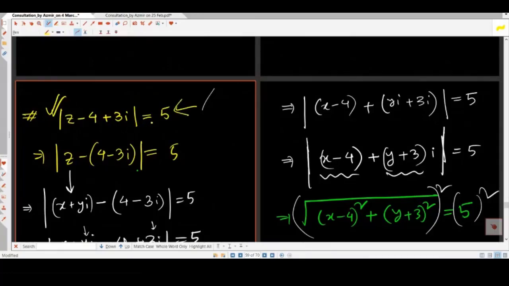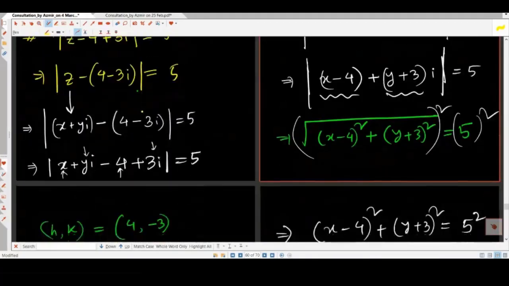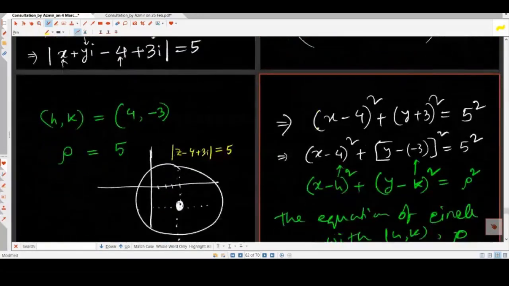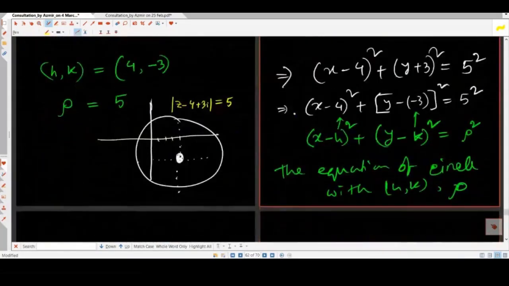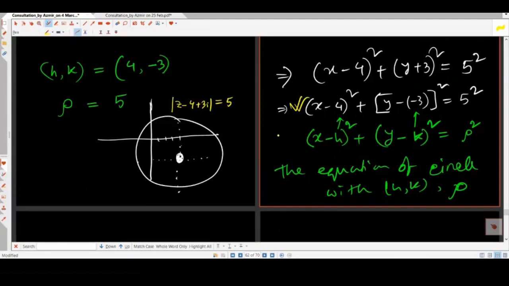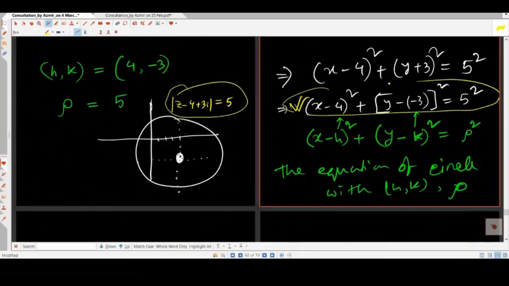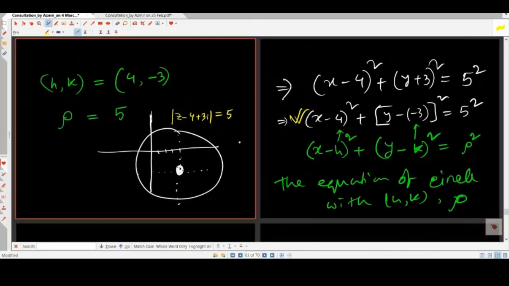But by simplifying this and reducing it to an algebraic equation, we can easily understand that this is just a circle. We can write this one or this one. That means the set of points is the circle.